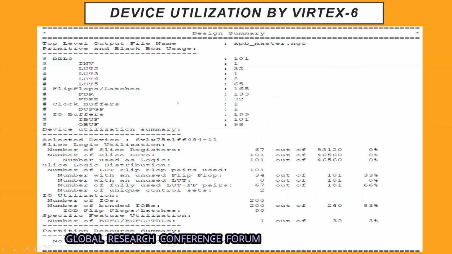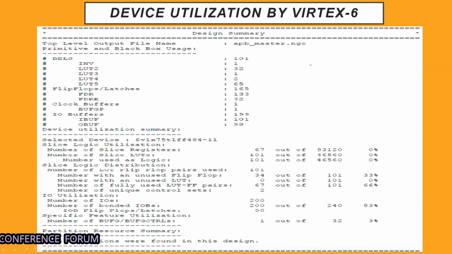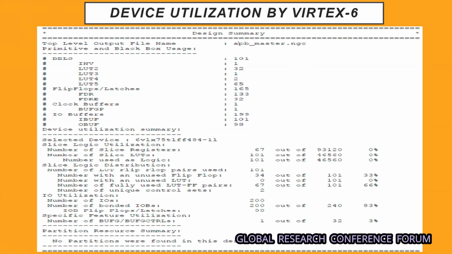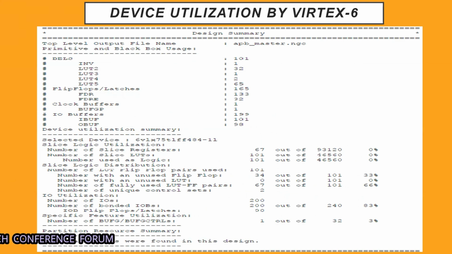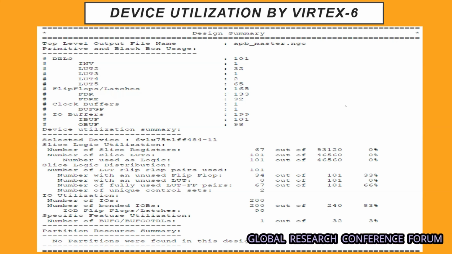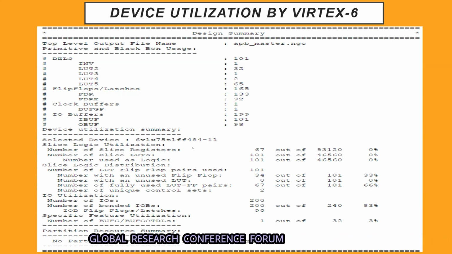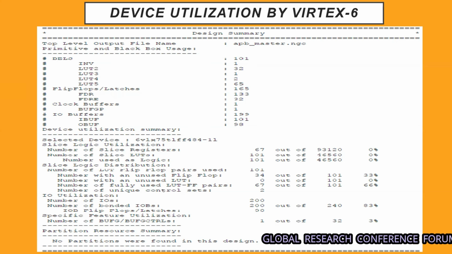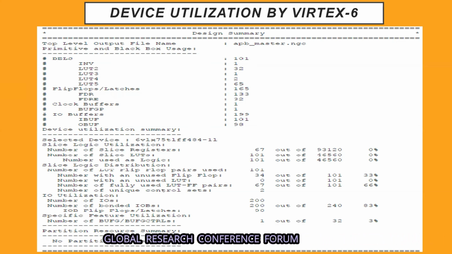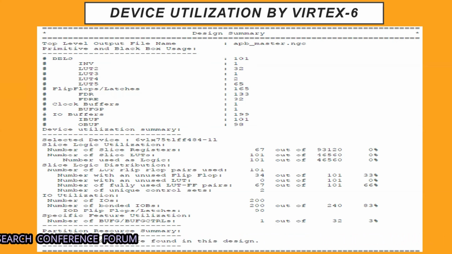Okay, so as my partner said, we have successfully designed and implemented the APB interface. This is the design summary generated by the Xilinx software. Other than the bonded IOs, because the width of the data bus and address bus in this project is 32-bit, the IOB utilization is very high.